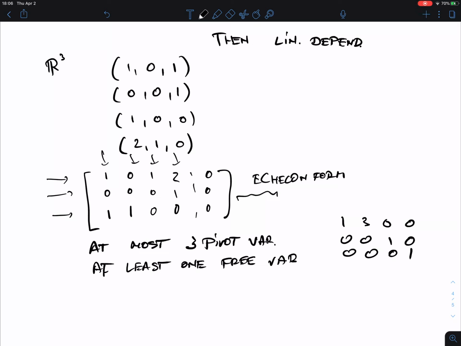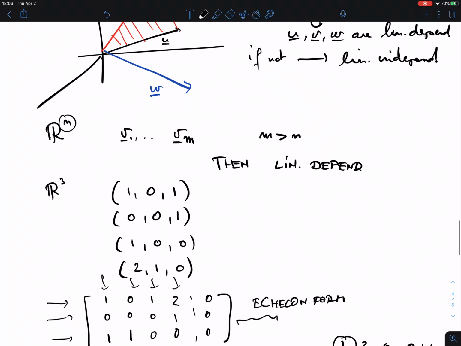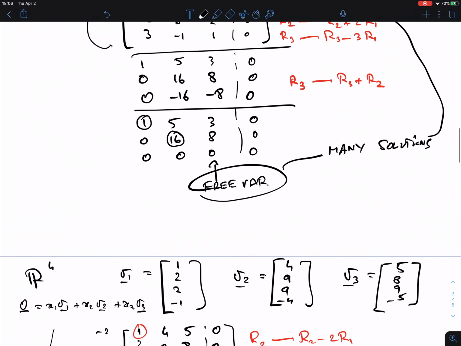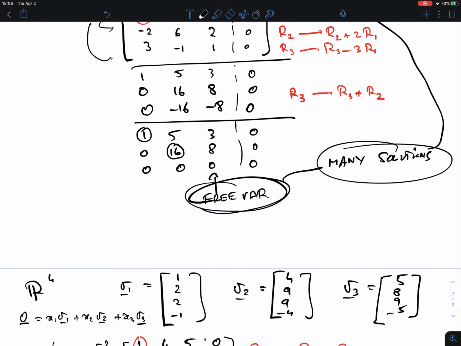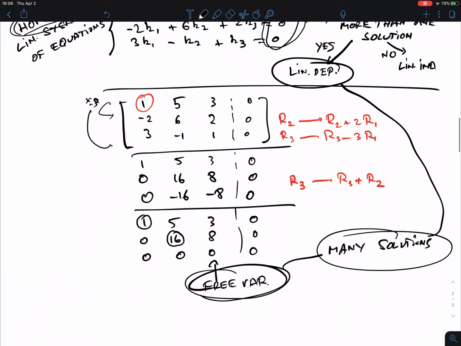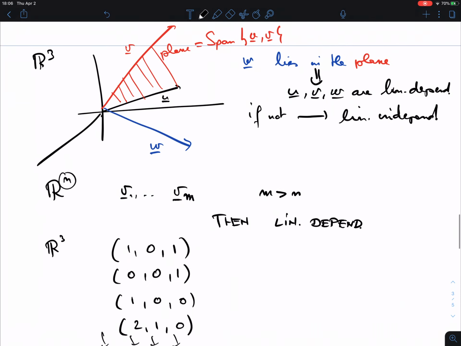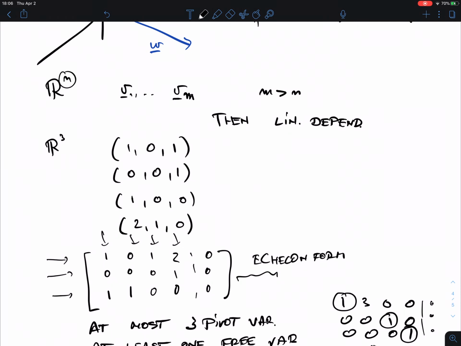After working, we could get to this case. There are the zeros, and this extra column here. These are the 3 pivot variables. There can only be 3. There could be fewer, but there can only be 3. So this is a free variable. There's always a free variable. But what did we say free variables mean? Free variable means many solutions, which means linearly dependent. Okay? So that's why if you have too many of them, they must have linear dependence.